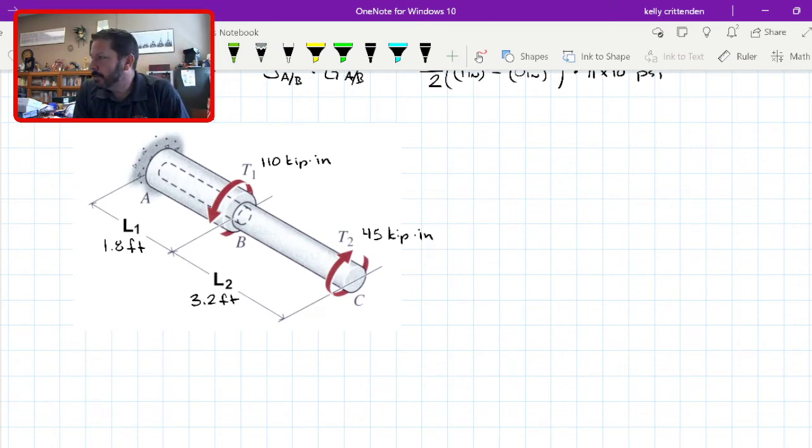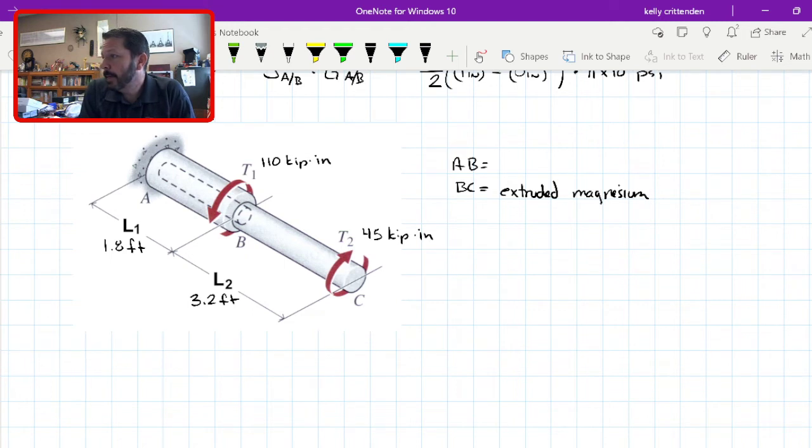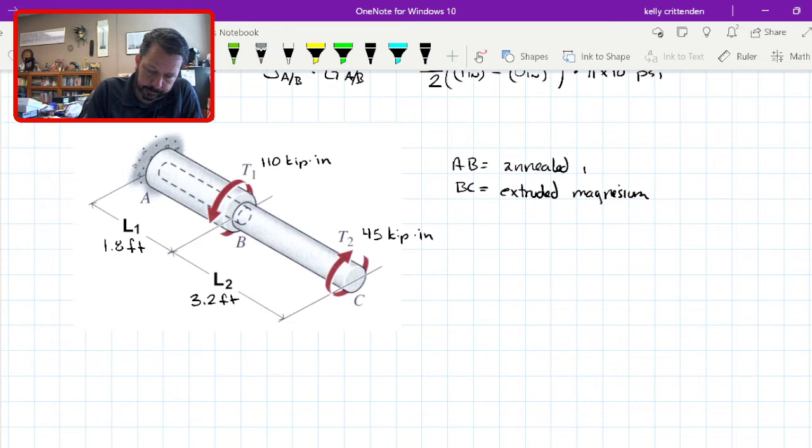And I have two different materials. I have BC, so the one on the end, the free end, is magnesium. And AB is annealed ENGR. So we'll have to look. I don't have any real idea what those modulus of rigidity may be, so we'll definitely have to look those up.